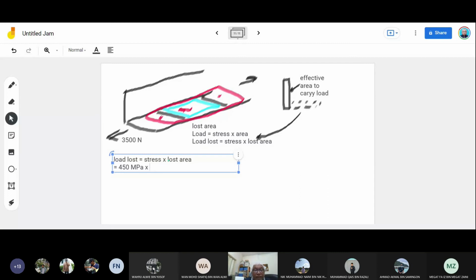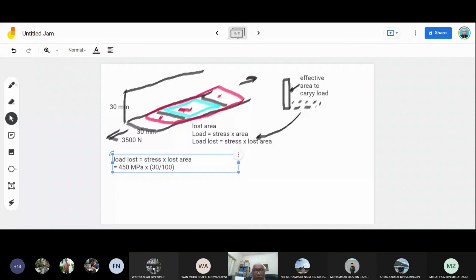Loss area will be thickness. The thickness here is say we have 30 mm, and here also 30 mm. So what we have lost is 30 mm, which is over 1000.